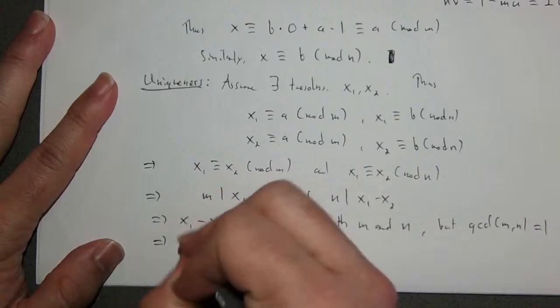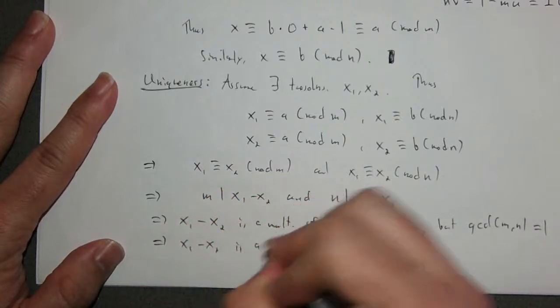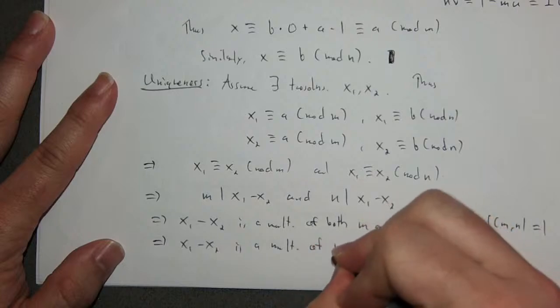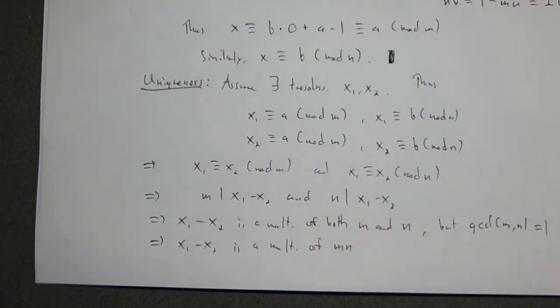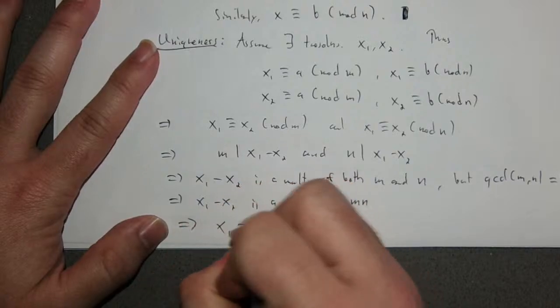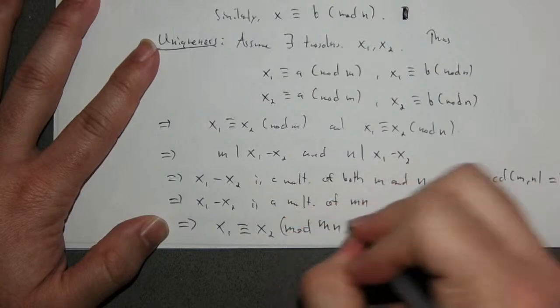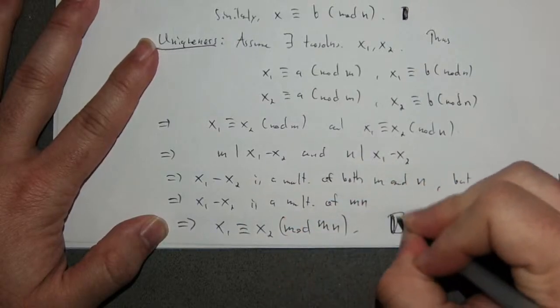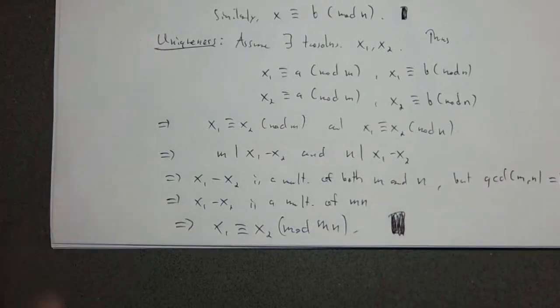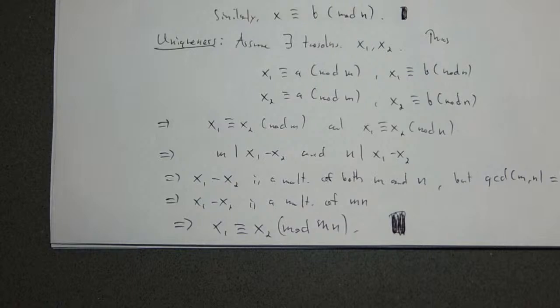Thus, x sub 1 minus x sub 2 is a multiple of m times n, i.e. x sub 1 is congruent to x sub 2 mod mn. Thus, you start out with any two solutions to your system of congruences, and you end up saying that those two things are actually congruent mod mn, so they are actually the same mod mn.